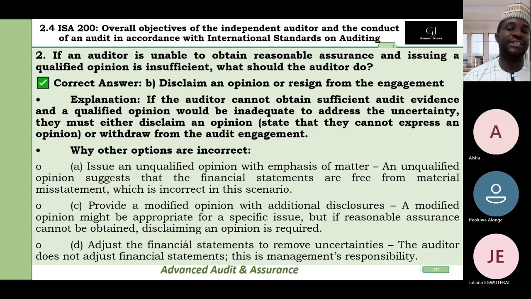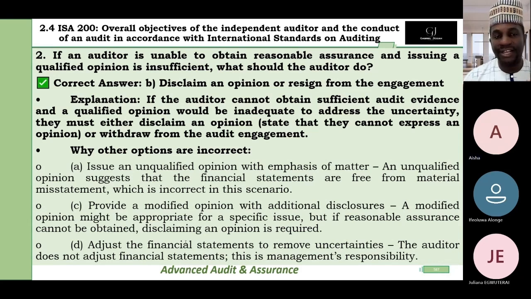During an audit engagement, when financial statements have been issued, the financial statements provided to the auditor for his review do not represent the company's financial position in accordance with its applicable accounting standard. This is where the auditor will issue an adverse opinion.